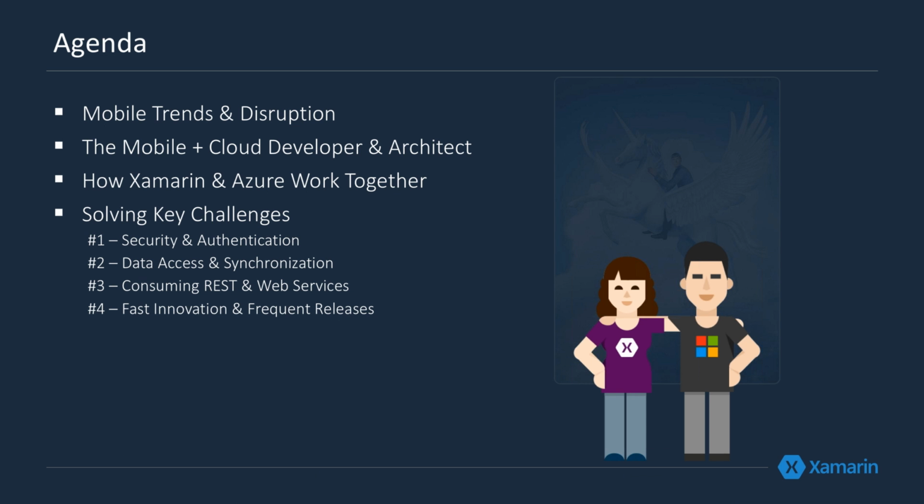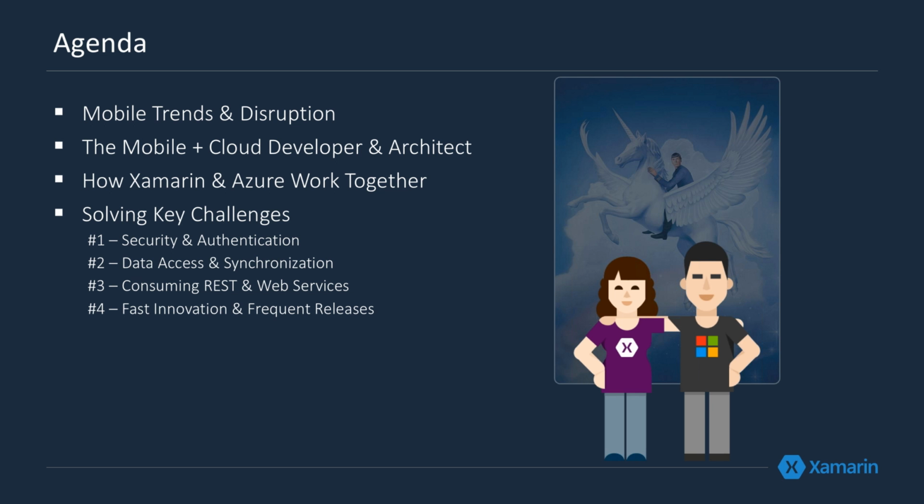So the first one is around security and authentication, specifically with how to utilize OAuth effectively and also single sign-on, especially if you have an existing on-premises Active Directory, and how do you federate that to your mobile application. Secondly is how do you do data access and also data synchronization from a mobile device and do it reliably with either a cloud backend or if you have to do it from an on-premises system that's protected by a firewall.